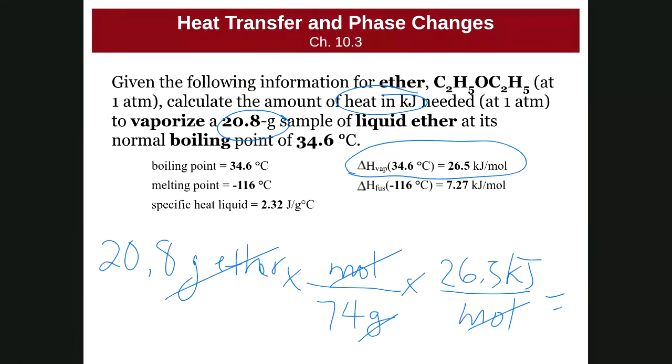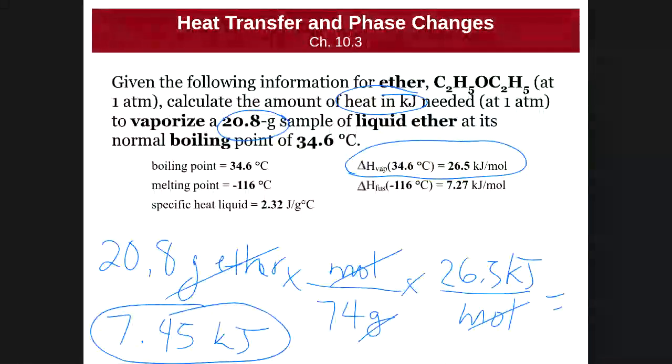And I got 7.45 kilojoules. So we need 7.45 kilojoules of energy to vaporize our liquid ether when we are at the boiling point.